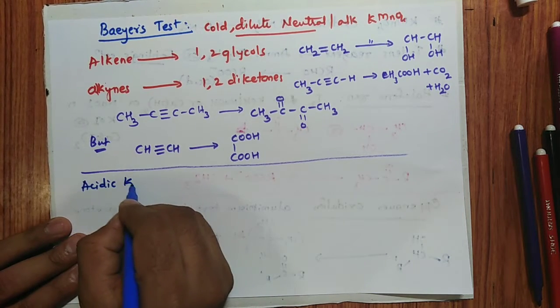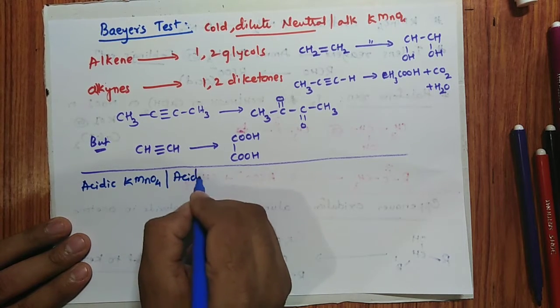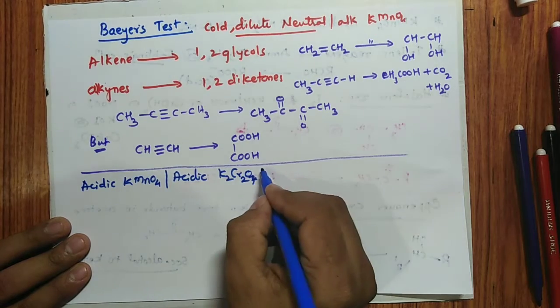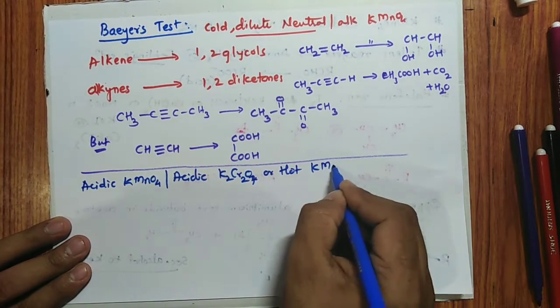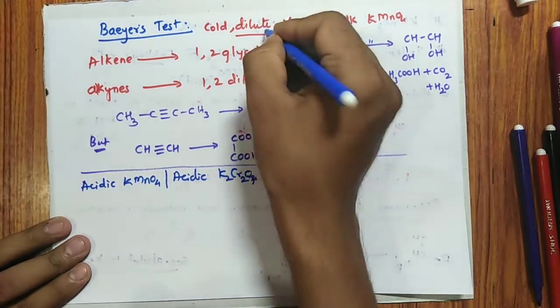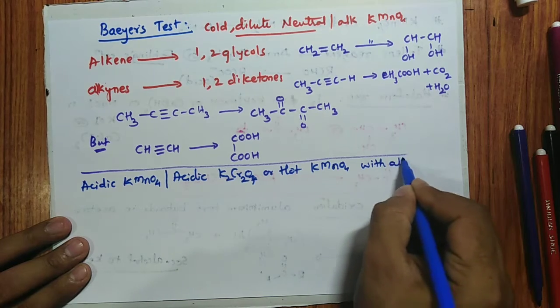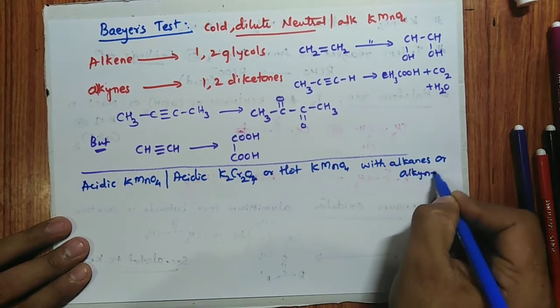So if it is, remember, acidic KMnO4, or you can say acidic potassium dichromate K2Cr2O7, or you can say hot KMnO4. Here it is cold KMnO4, right? Here if I take hot KMnO4 reaction with alkenes or alkynes, we will see.